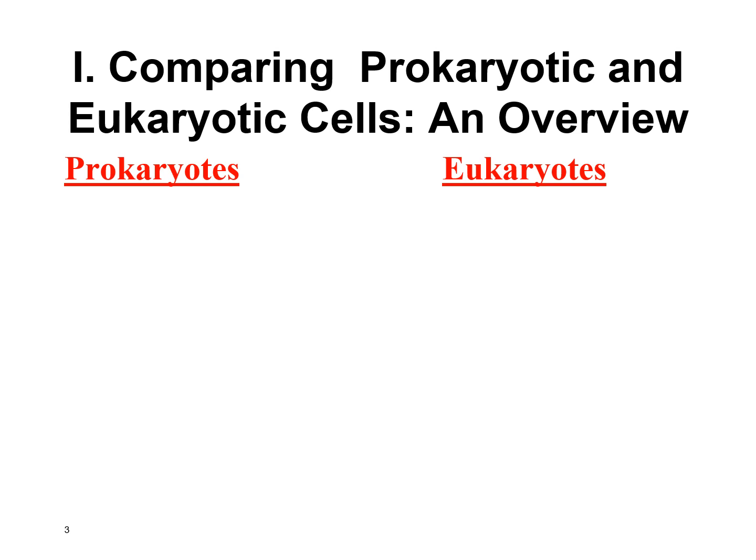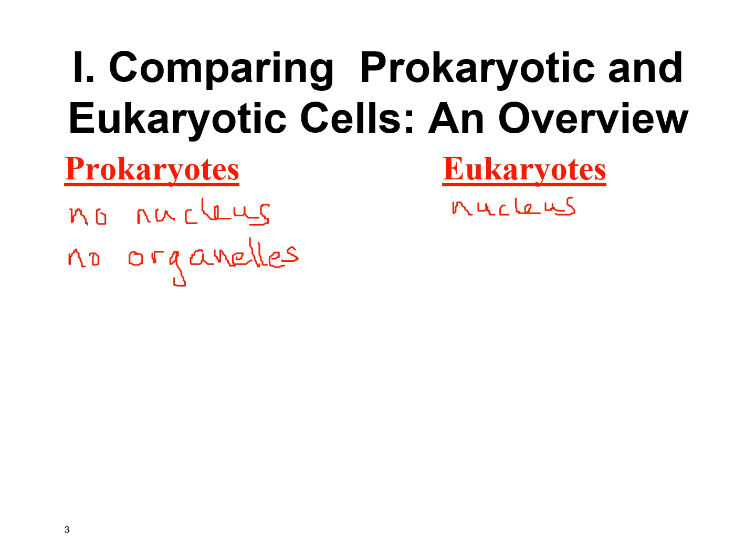Let's just take a look at the difference between prokaryotic and eukaryotic cells. So the big obvious difference is that prokaryotes do not have a nucleus and there are no organelles. And then eukaryotes obviously do have a nucleus and they do have organelles.